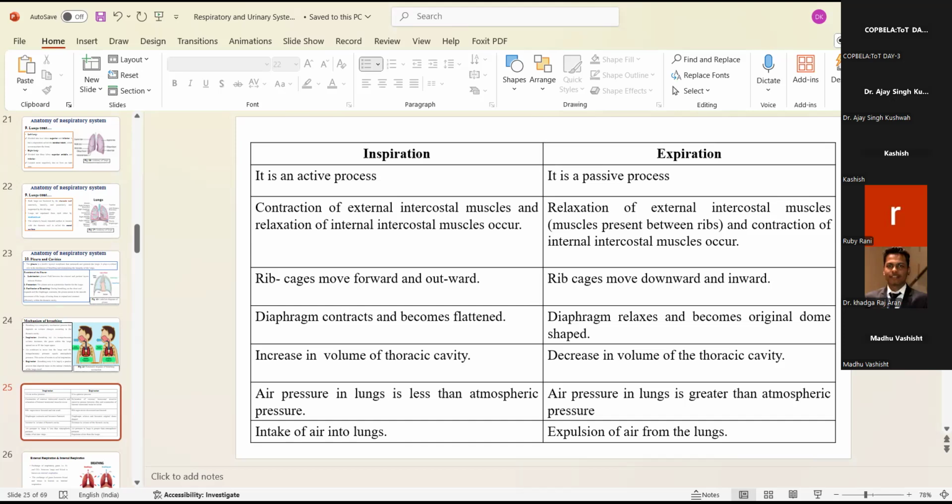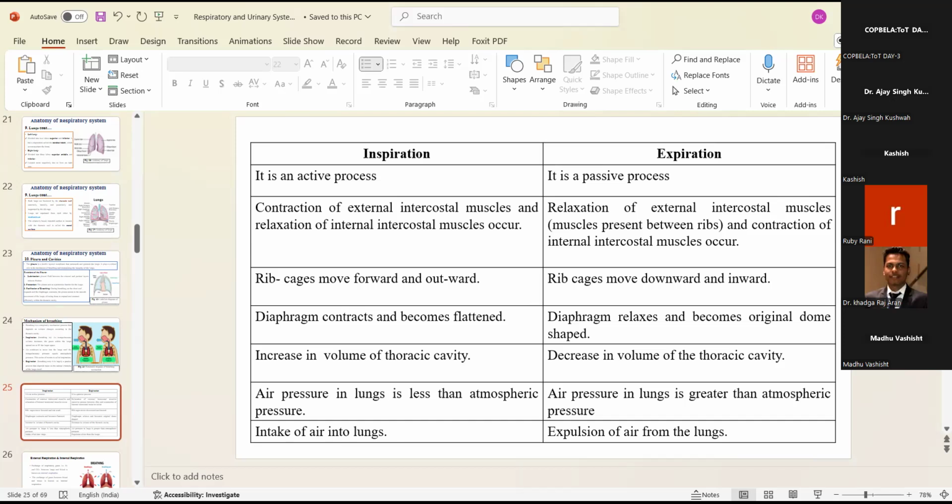But in expiration, there is relaxation of the external intercostal muscles present between the ribs, and contraction of the internal intercostal muscles. So this is the difference between inspiration and expiration.